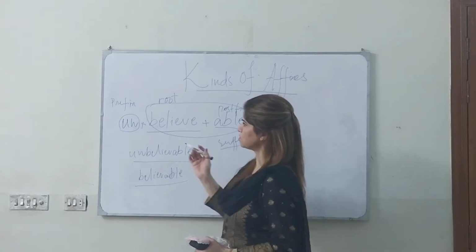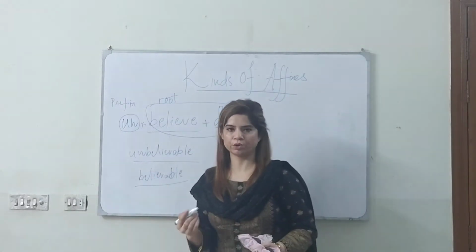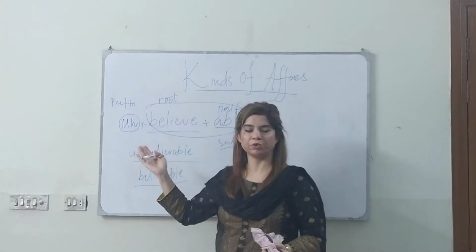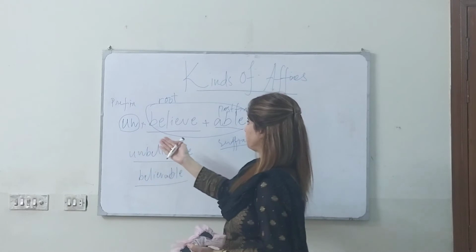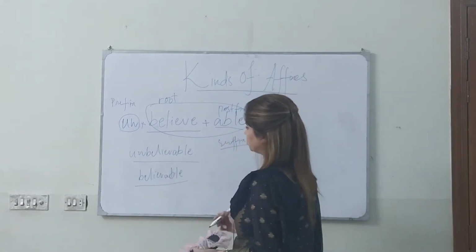Well, this is the most simple definition of the affixes that you have ever known: if the attachment is before the word, it will be called prefix, and if it is after the word, it will be called postfix.